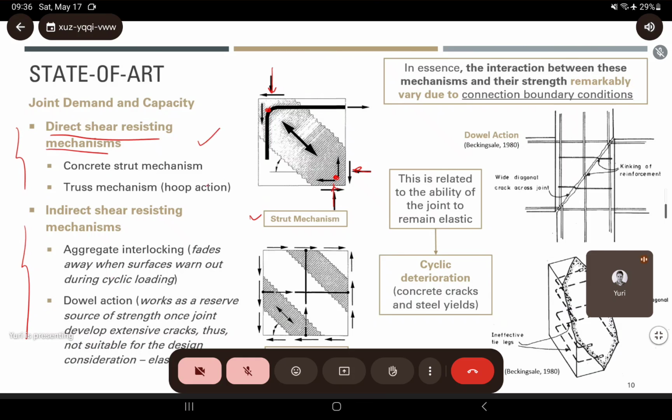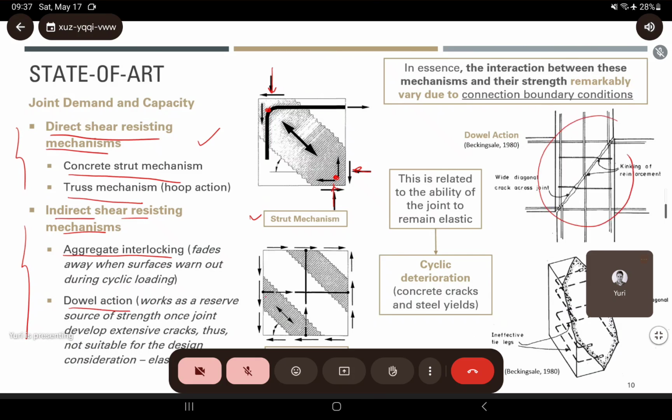We have two direct shear resistance mechanisms, which are the concrete strut mechanism and the truss mechanism. And we also have indirect shear resistance mechanisms, which are the aggregate interlocking, which is the tendency of the crack opening to slide along the surfaces of each other, and we also have the dowel action, which is this guy here.